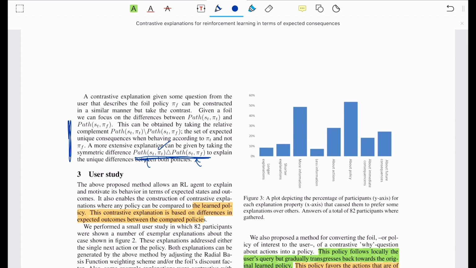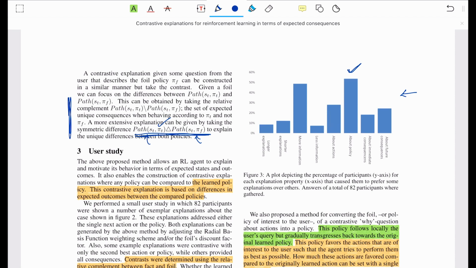Now the results in this user study clearly show that people prefer the explanation which is based upon the policy. The user study also shows that people really love explanations which involve a lot of information. My personal opinion is that it is because that information is structured that people really preferred this kind of explanation strategy.